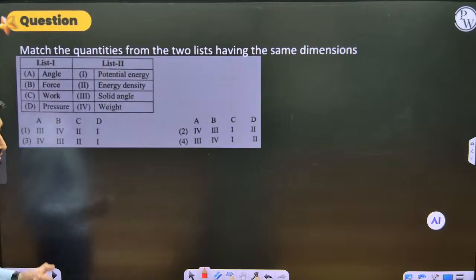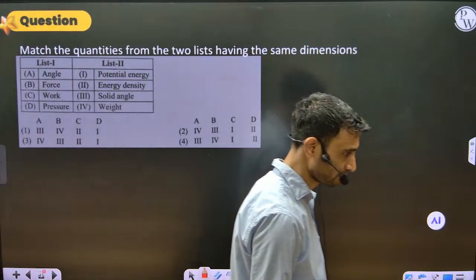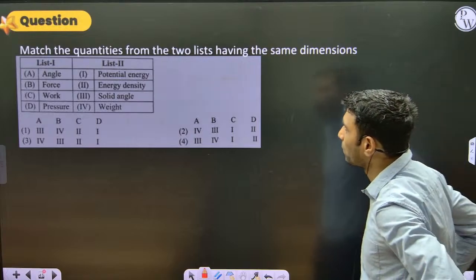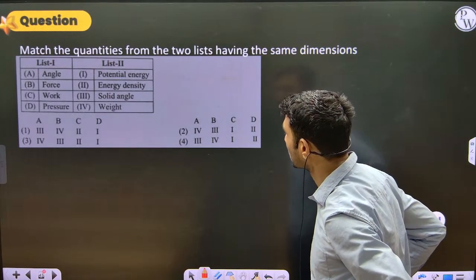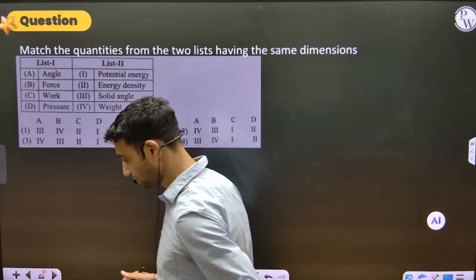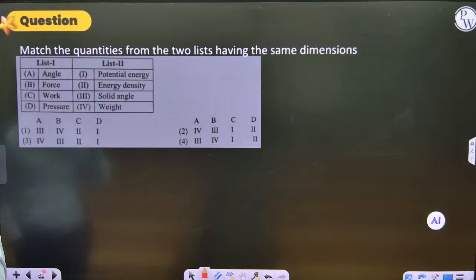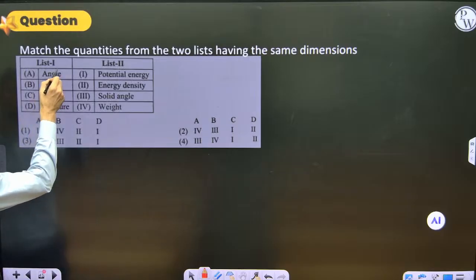So now let's go ahead. We'll do another question. Match the quantities from the two lists which have the same dimensions. So what is the dimension of angle?